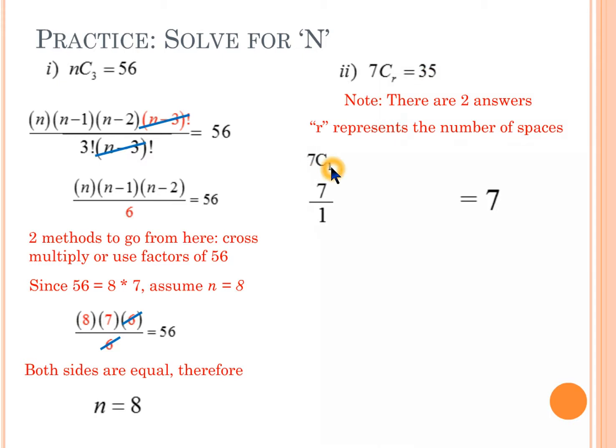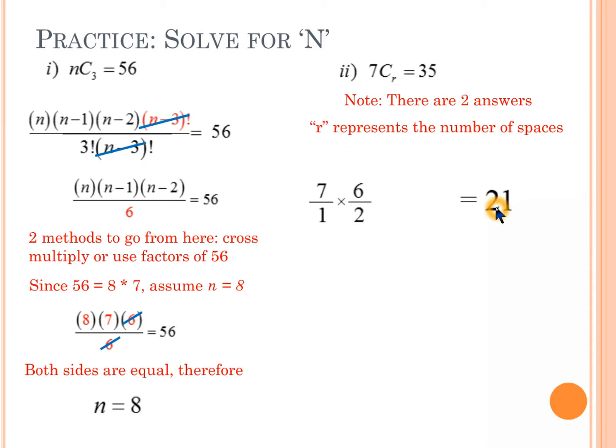So after 7 choose 1, the next r value would be 2, so I have 7 choose 2 next. This 2 means I have two spaces, so 1 and 2. So it would be 7 times 6, and this 2 would just be down here, because I have a 1 and a 2. 7 times 6 divided by 2 is now not 7, but 21.